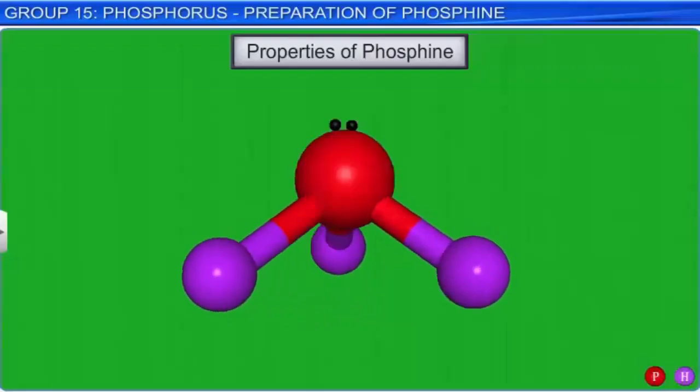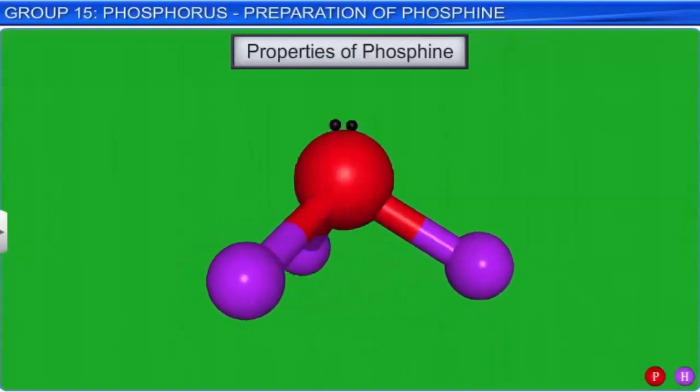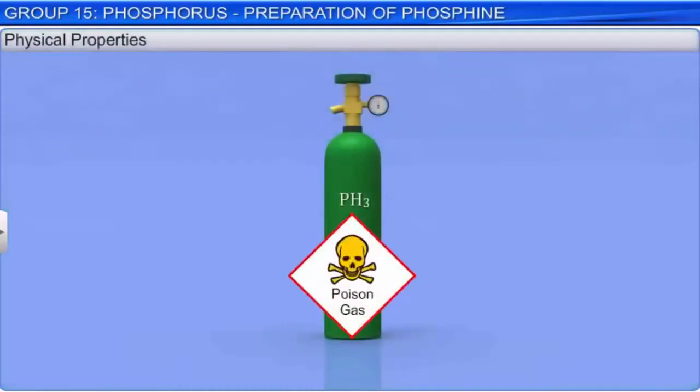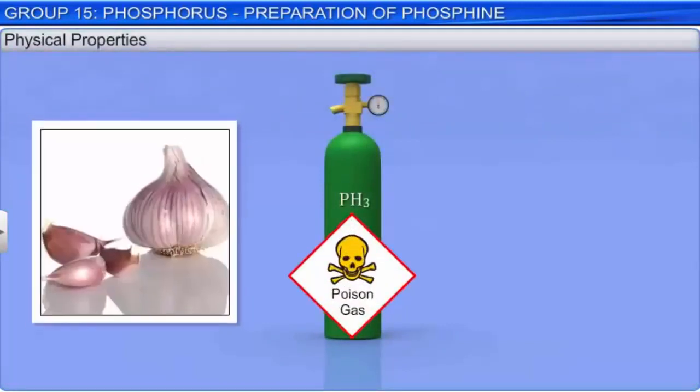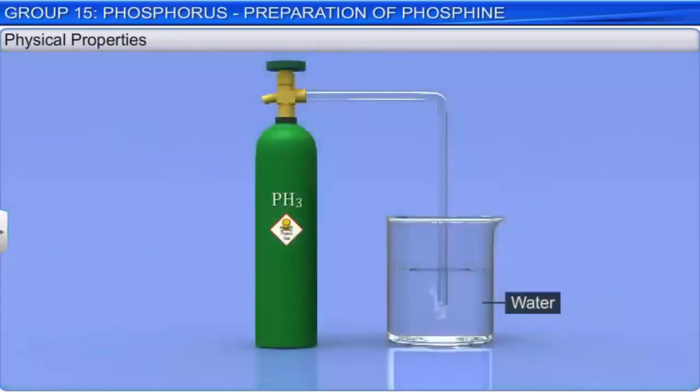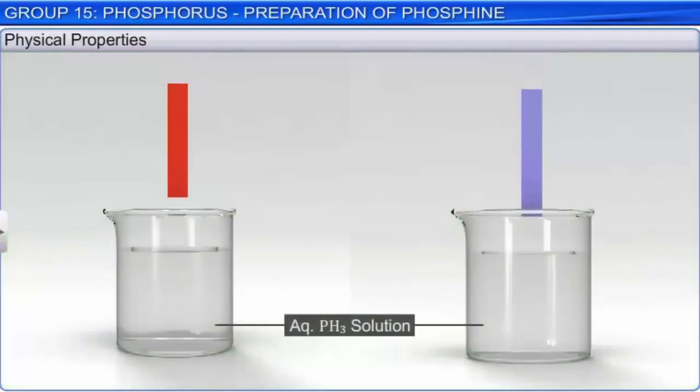Let us first study the properties of phosphine. Phosphine is a colorless and extremely poisonous gas that smells like garlic or rotten fish. Unlike ammonia, it is slightly soluble in water, and the aqueous solution is neutral.